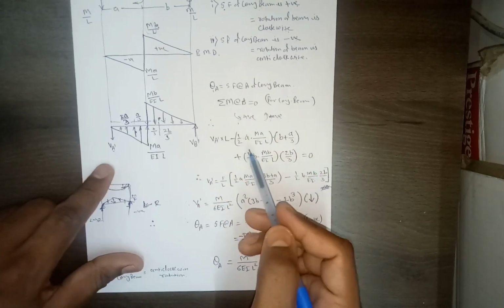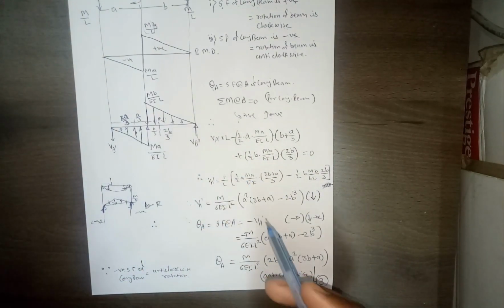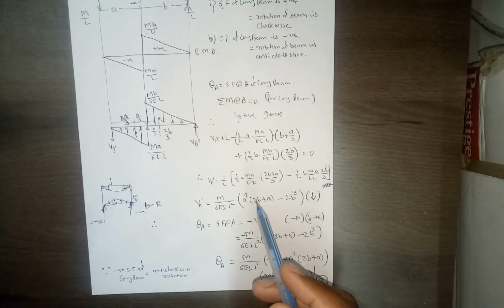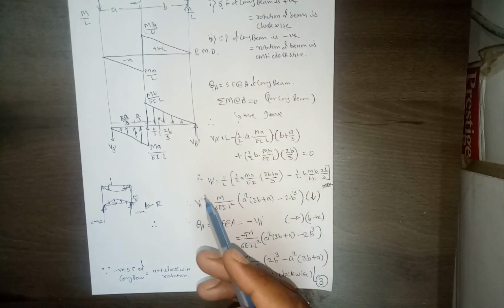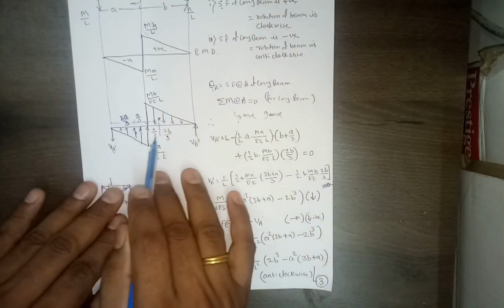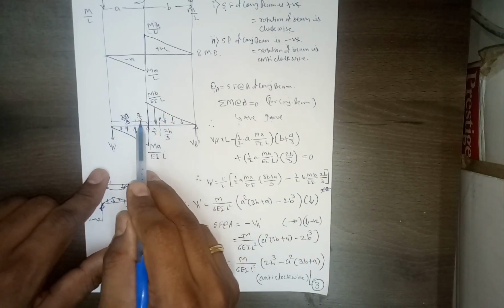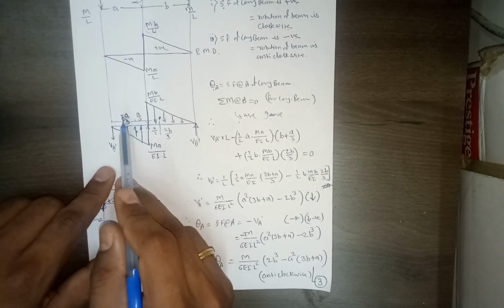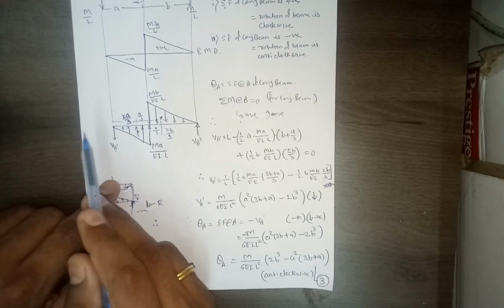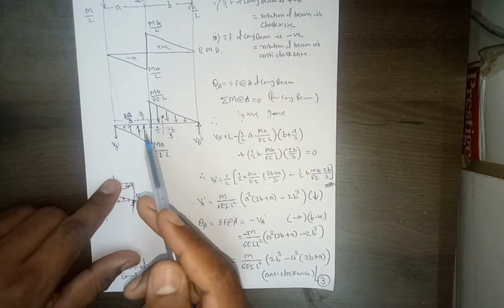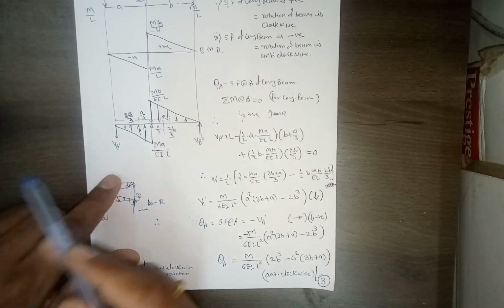There are so many clockwise and anti-clockwise conventions, so you have to remember there are reaction calculations and there are bending moment calculations. Whenever we do bending moment calculation, we will be following the sign convention of sagging and hogging, that is, sagging is positive and hogging moment is negative.